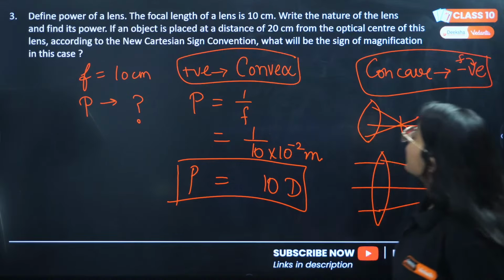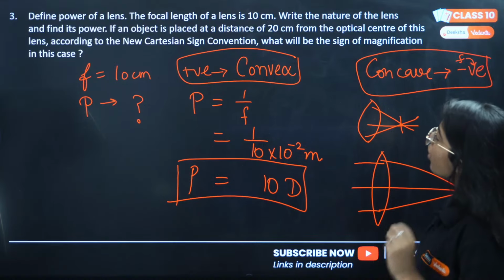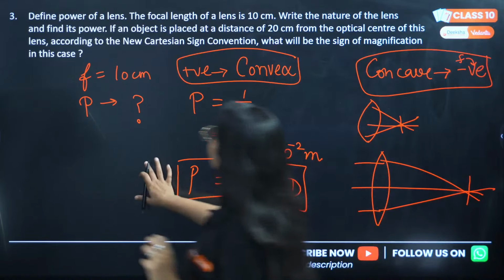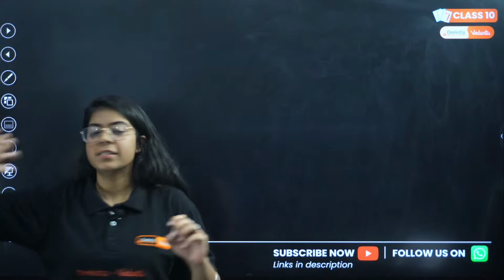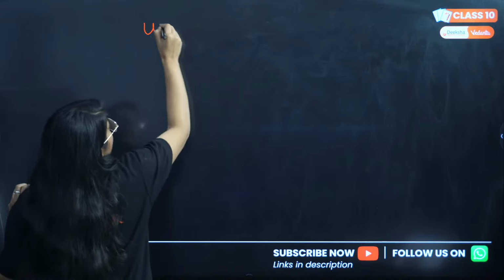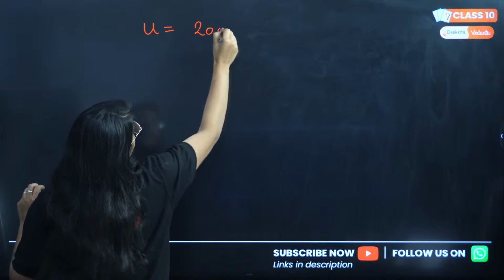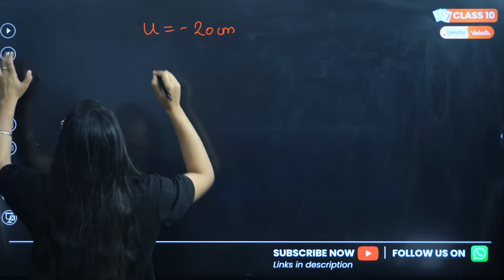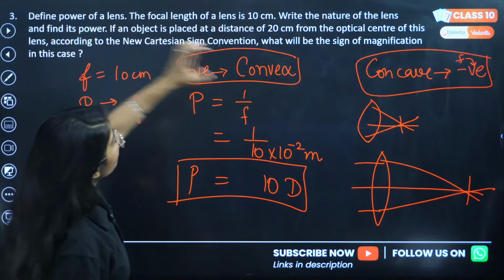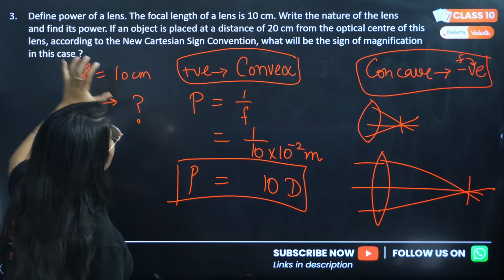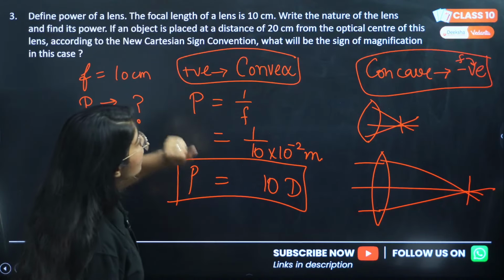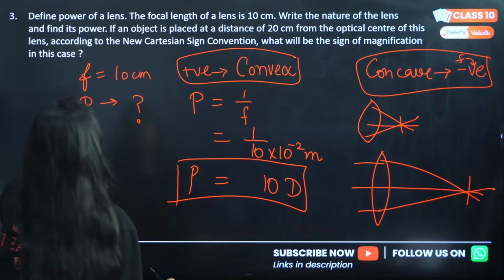Okay. Now they're asking, if an object is placed at a distance of 20 centimeter from the optical center of this lens, according to the new Cartesian sign convention, what will be the sign of magnification in this case?